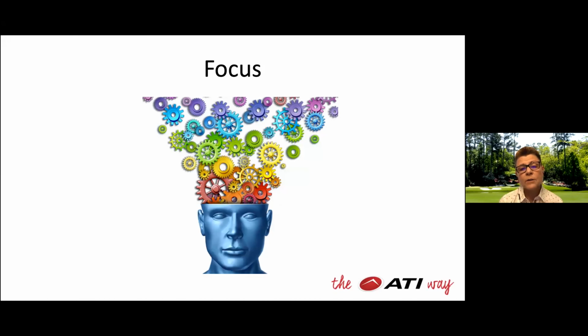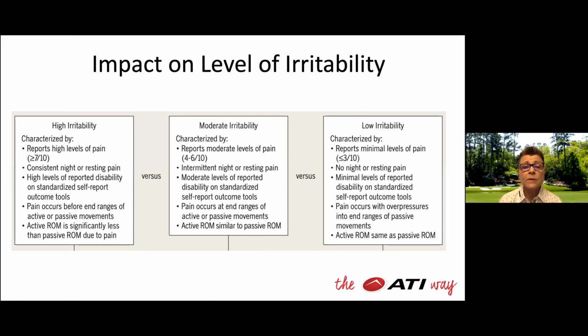So our focus needs to be on not only the pain, but the impairments the patient presents with. And I think this is a really good paradigm that's helped me approach people with generalized shoulder pain, the impact of the level of irritability on the patient. This was presented in a 2013 JOSPT article by Kelly and colleagues, which was the first CPG put out by the American Physical Therapy Association.